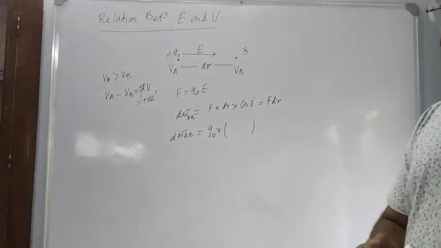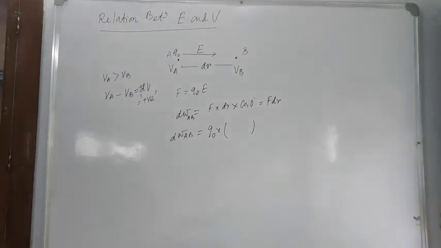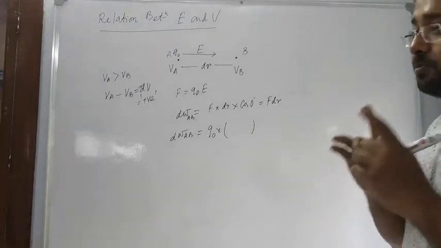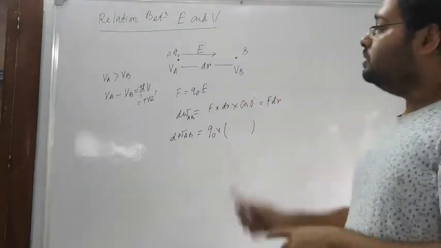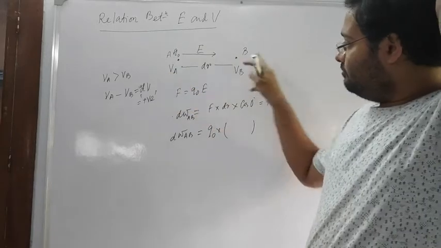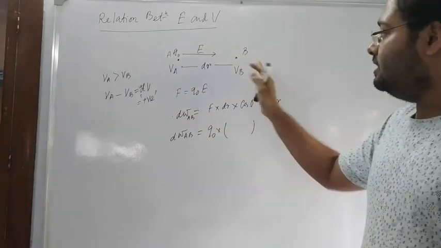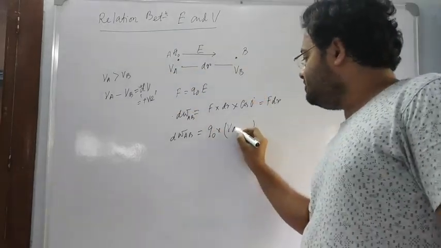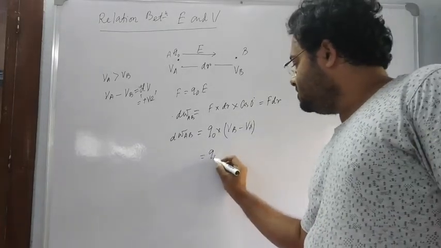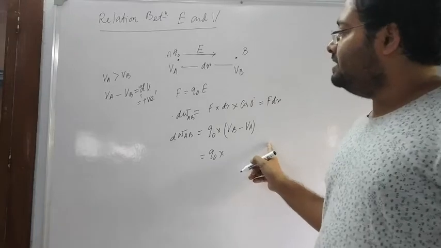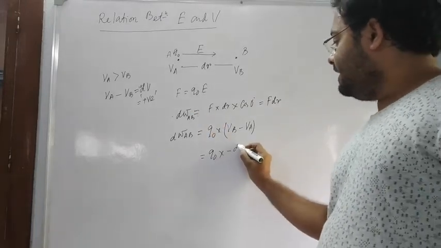Potential difference, don't get tempted to write Va minus Vb. It is potential difference, and difference means final minus initial. You have started from a, reached b, therefore final minus initial, and this should be Vb minus Va. So this is q naught times Vb minus Va, which is basically negative of dV.